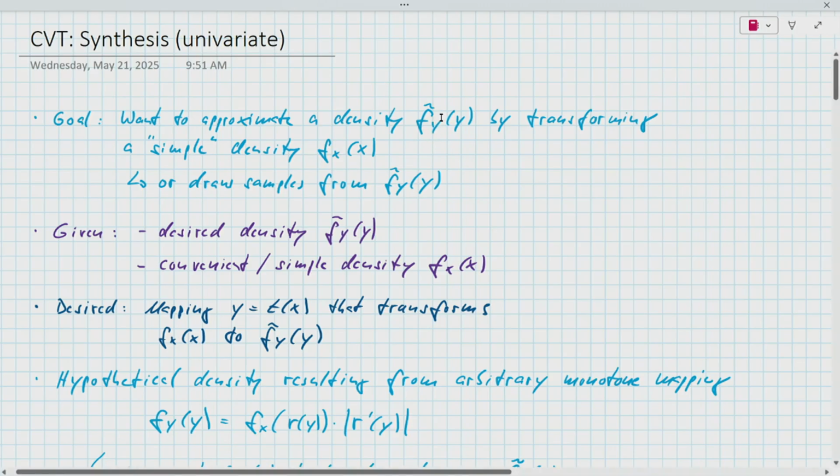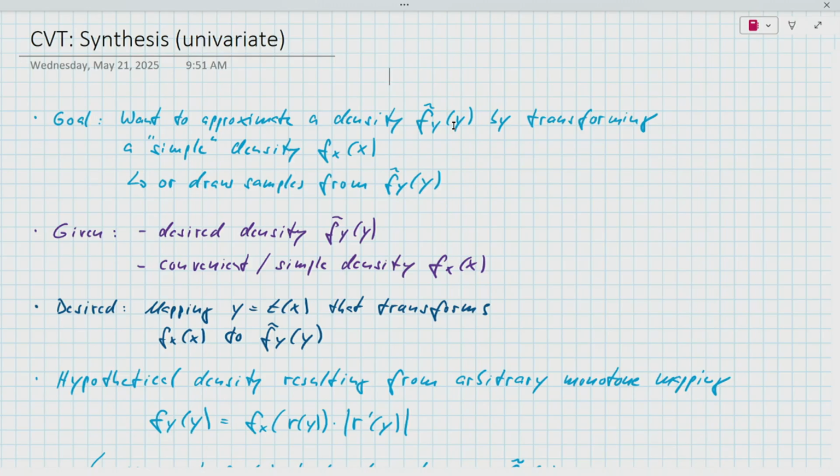That could be one application. This lecture is concerned with sampling. Usually we would draw samples from fx and obtain samples from fy, because this is the density where we don't get samples from, or not enough. Could also be one option: we have some samples from Fy, then we want to find a mapping from Fx to Fy to get more samples. That is, in fact, one typical application.